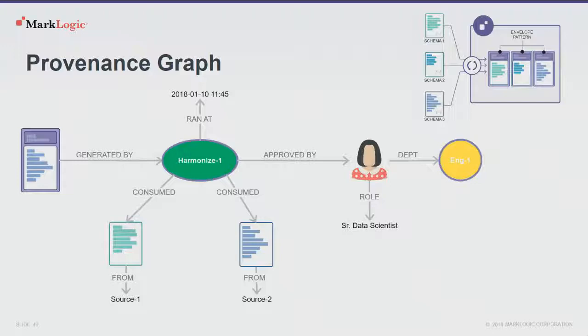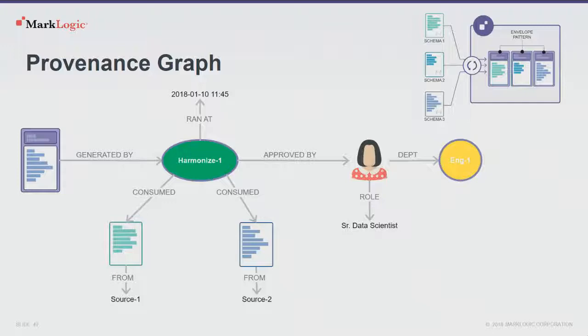And I can do a couple of things here. I can imagine that each of these has its own provenance graph as well. So this document came from something else, which came from something else, which came from something else. And I can also link it very easily into other graphs. So I can say that this harmonization process was approved by Jane.